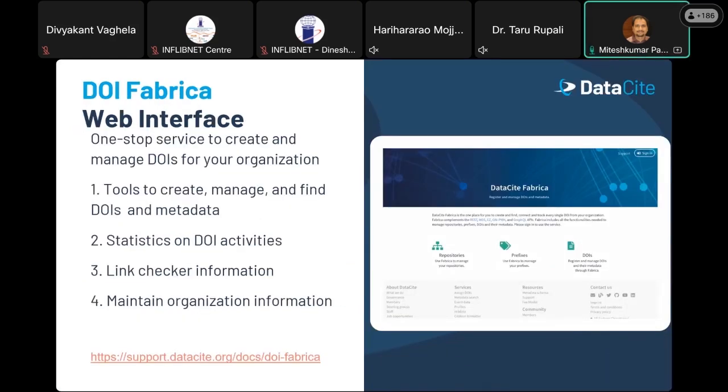The DOI Fabrica interface helps us manage and find all DOIs and related metadata. It allows you to maintain the statistics of a DOI: how many times it is retrieved, downloaded, and viewed. It will also track the citations, check the links, and maintain the information of our organization.